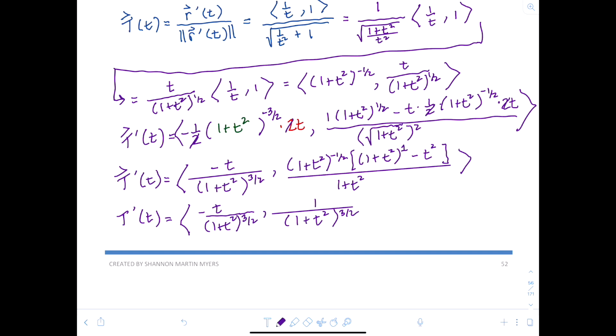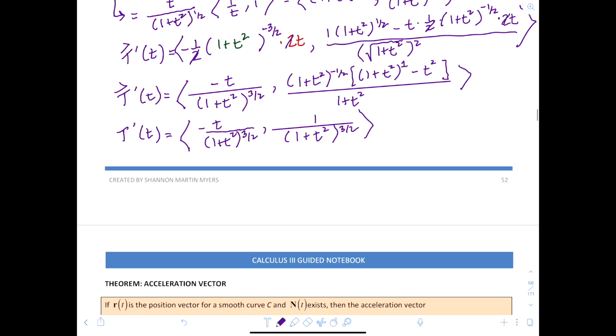That didn't turn out so bad, did it? All right. So now, as far as the magnitude goes, I'm thinking that we can just evaluate. We can just find T prime at 2. Okay, so here, what's going to happen?